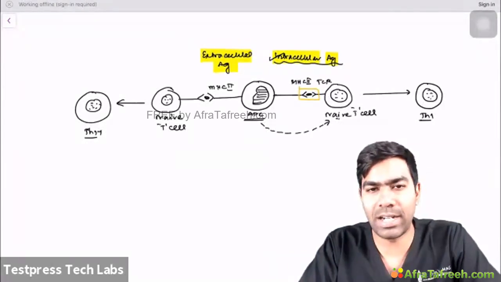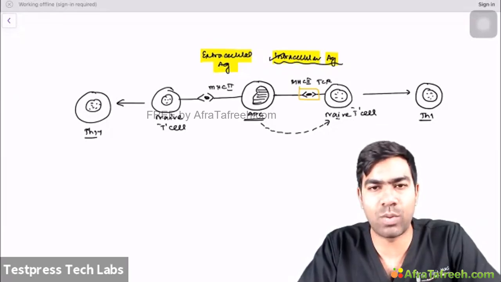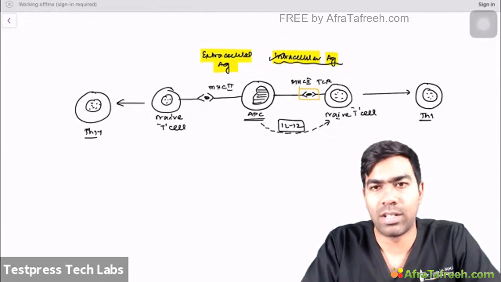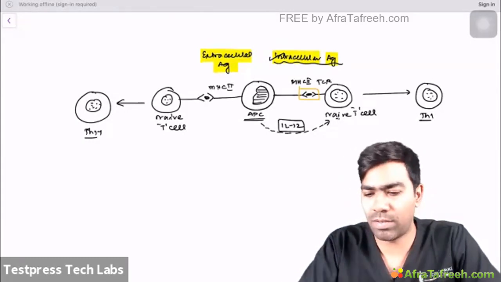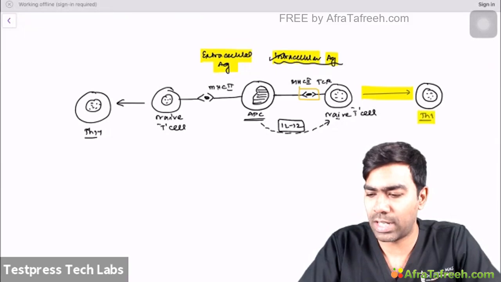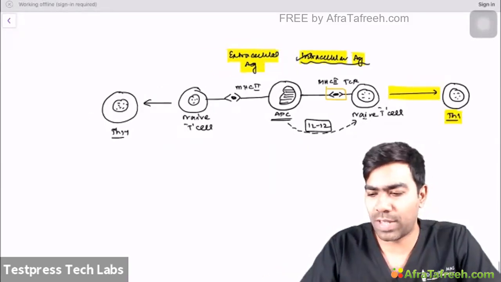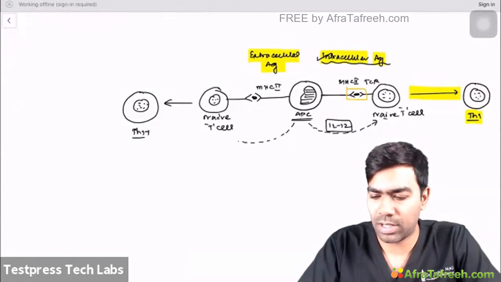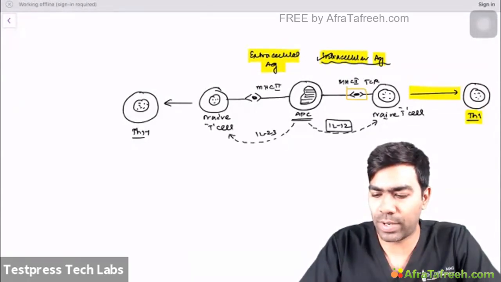If the APC releases a cytokine called IL-12, that is interleukin 12, then the T cell stimulated by interleukin 12 will usually proceed towards a T helper 1 pathway. Suppose the interleukin produced by the antigen presenting cell is typically IL-23, interleukin 23.